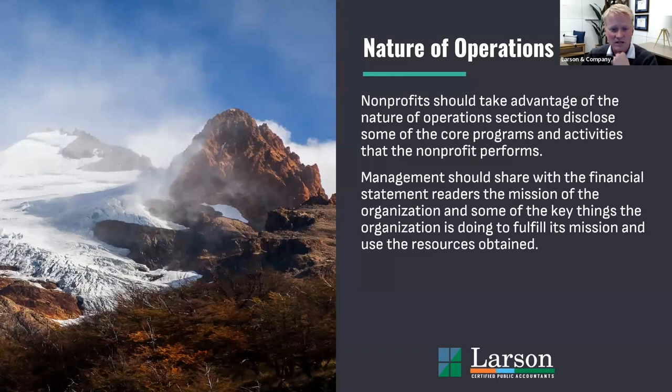Since management does share the financial statements with donors and others that are interested in the organization, this could include a lot of the key aspects of the organization's mission, and some things as to what the organization is doing to help fulfill that mission and how they're using the resources obtained. So it's a little section in the financial statements that you can use to promote your organization, your mission, and how you're fulfilling that mission.